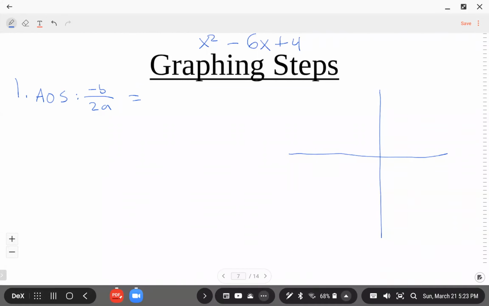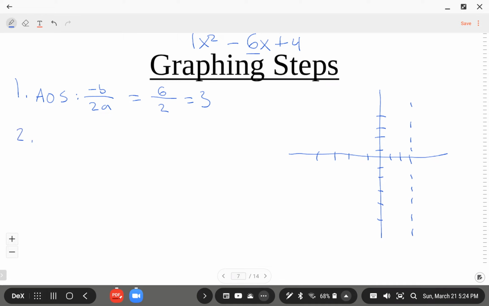That's going to be our example. And you see here, this is the b value. It's going to be negative 6. It's not just 6, it's going to be negative 6. So negative, negative 6, two negatives, makes a positive. And a is just 1 right here. So it's just going to be 3. So it's going to be at 3, and that's our AOS.